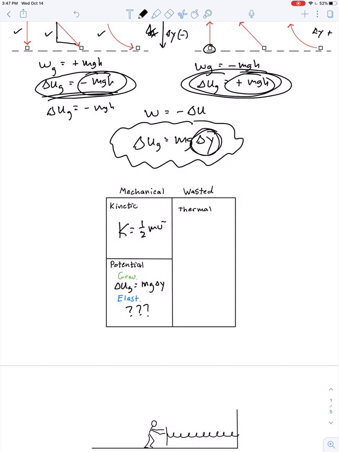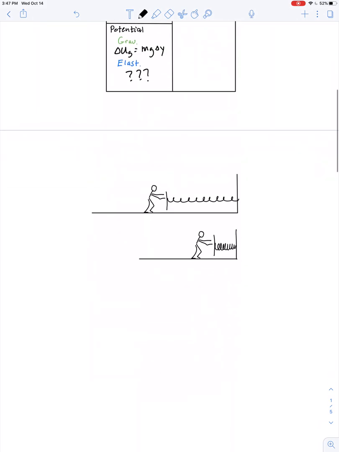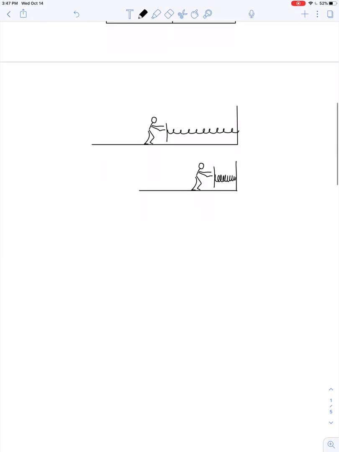So now we want to come up with an expression for elastic potential energy. We'll take the example of somebody who pushes a platform at a constant speed across a smooth surface. Let's say that this is an ideal spring.